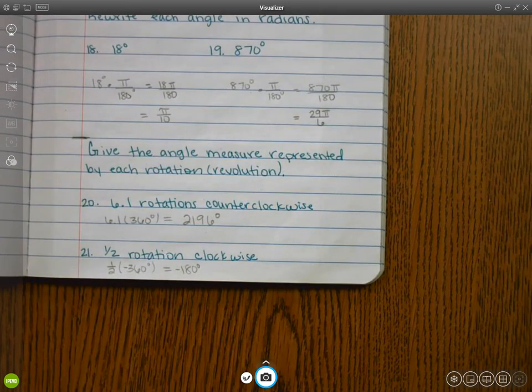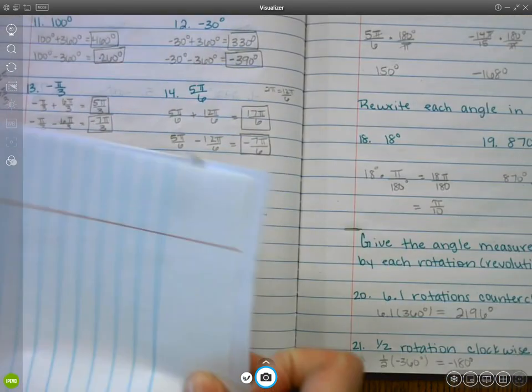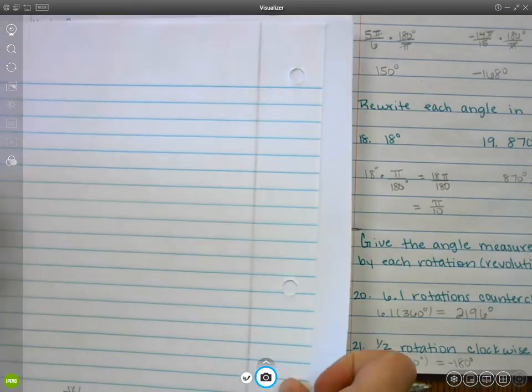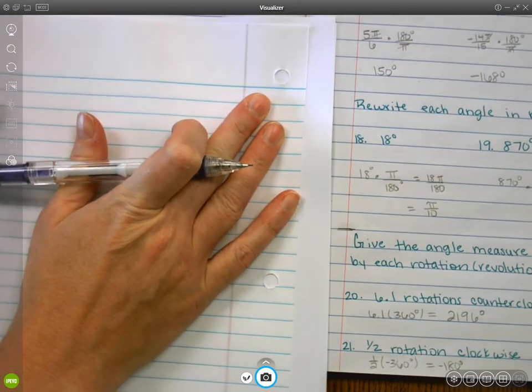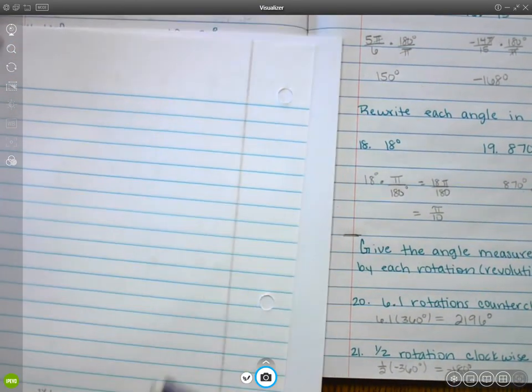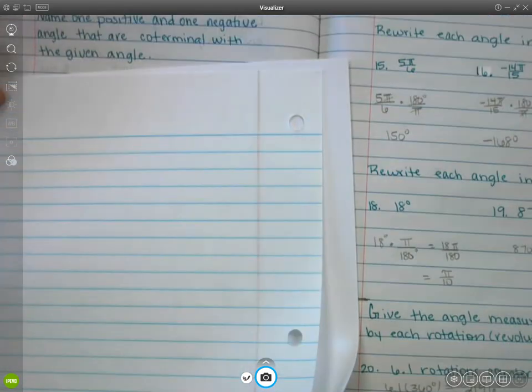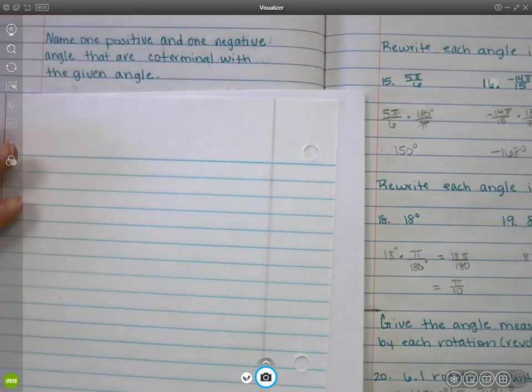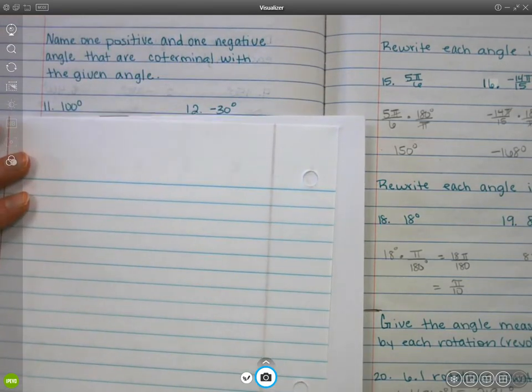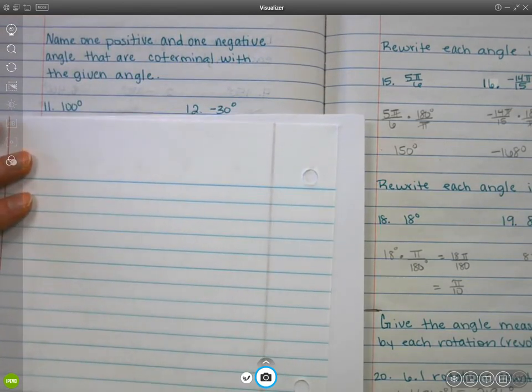Okay, so next we want to be able to give one positive and one negative angle that are coterminal. So if you remember, we just wrote down coterminal means 360 degrees apart. All right, so if I'm asking you for one positive and one negative coterminal, you're going to take the angle, add 360, and take the angle, subtract 360.